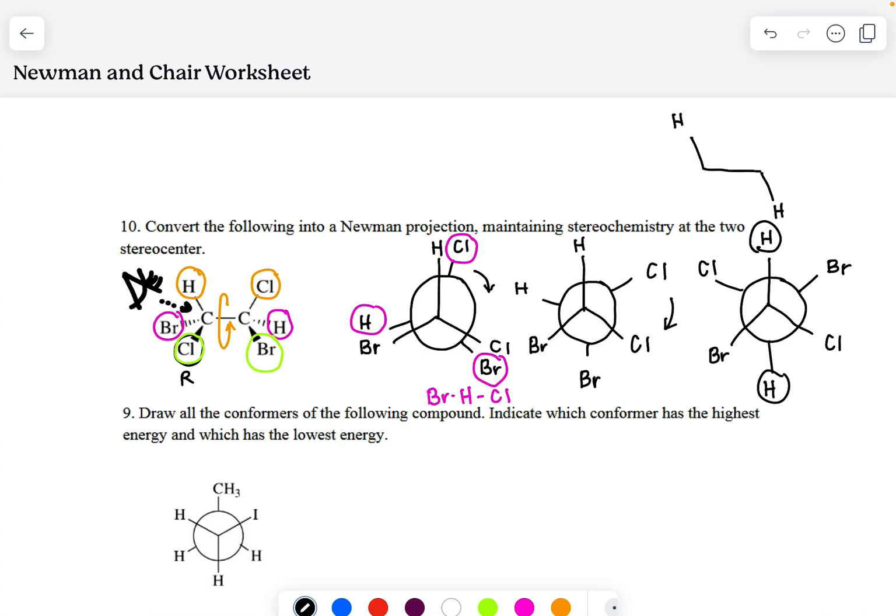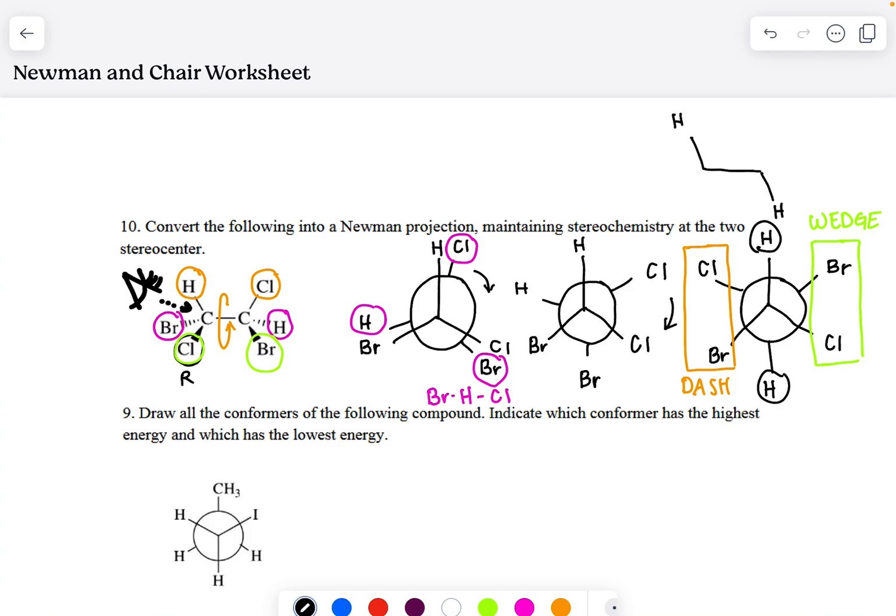And my bromines, these are going to be wedge, and these are going to be dash. I'm going to go ahead and draw those in.